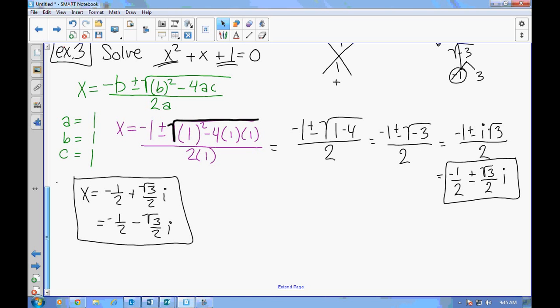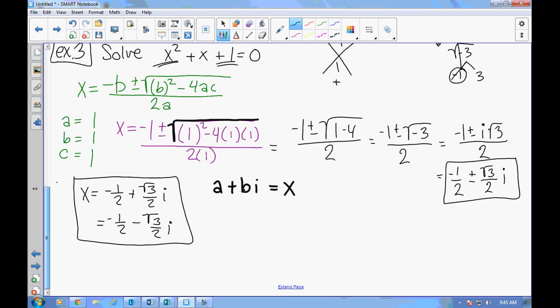So suppose that f of x is a polynomial with real coefficients. If a and b are real numbers, and a plus bi is a 0, meaning an x-intercept, what must also be a 0?